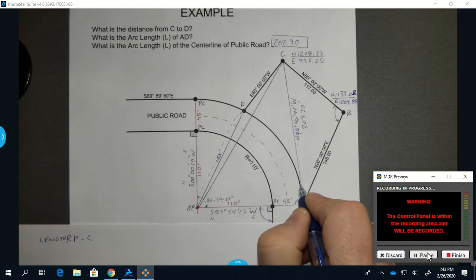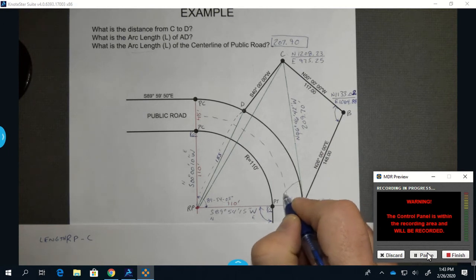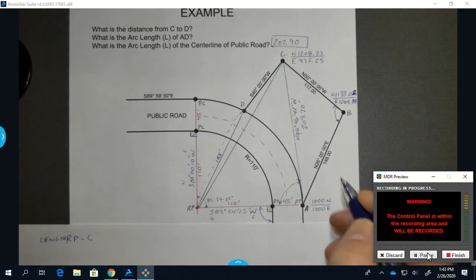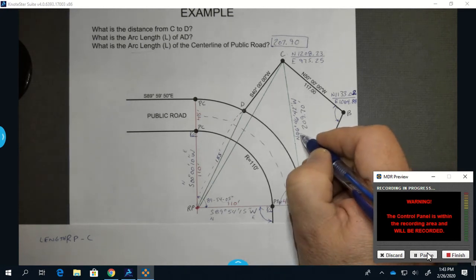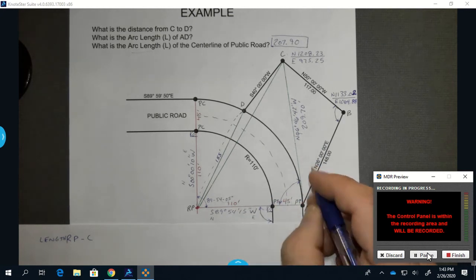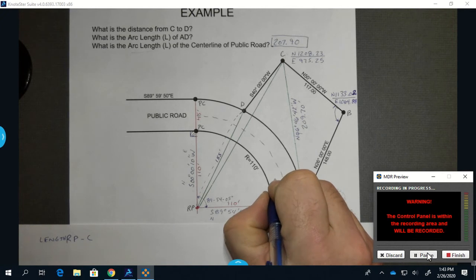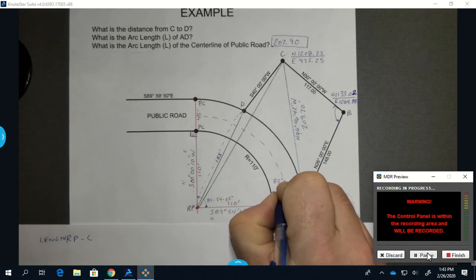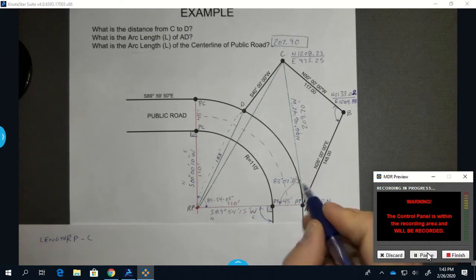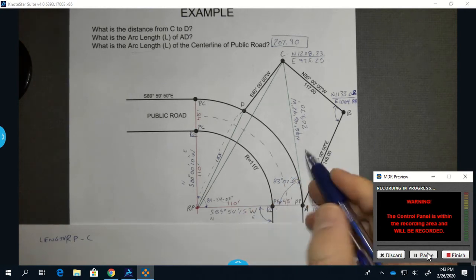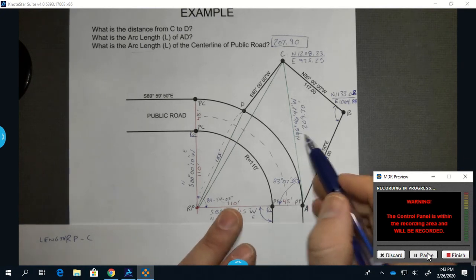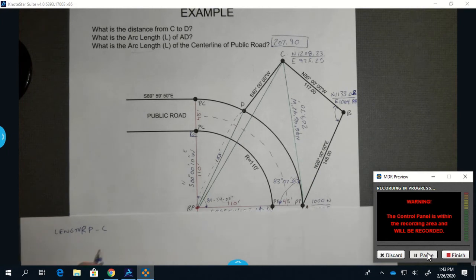We need to figure out what this angle is here. That's pretty easy to do because we have the bearings, so we can just figure out that interior angle. I have it figured out already. It's 83 degrees, 07 minutes, 33 seconds. That's that interior angle here. It's basically the difference in these two bearings. So I figured that out.